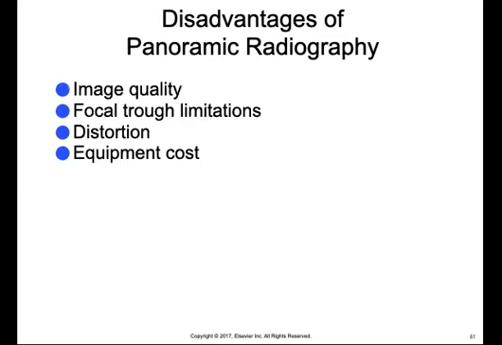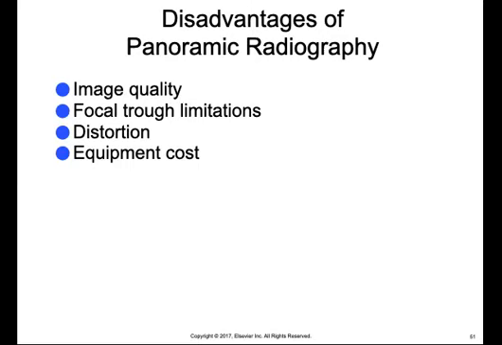Some disadvantages are image quality, because images seen on a panoramic image are not as sharp as images produced with intraoral projections. As a result, the panoramic image cannot be used to diagnose dental caries, periodontal disease, or periapical lesions.